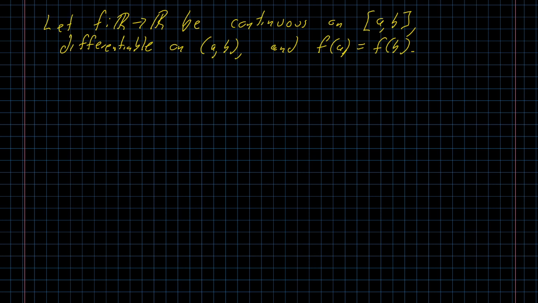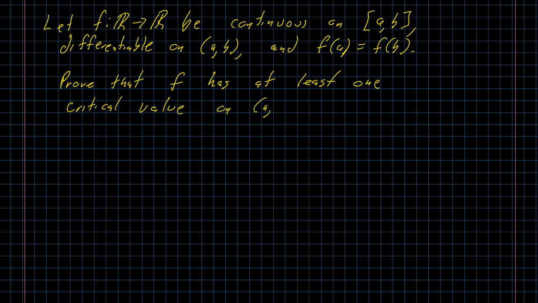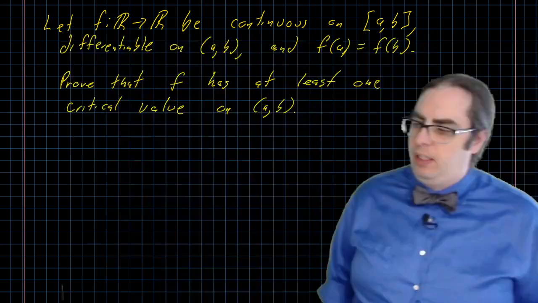Let f be a real-valued function of one real variable, which is continuous on the closed interval from a to b, differentiable on the open interval from a to b, and f of a equals f of b.